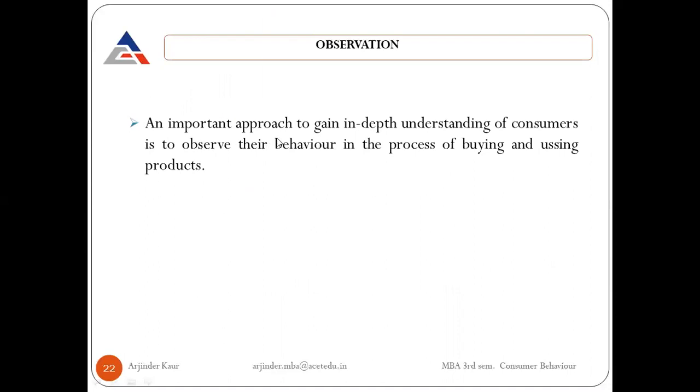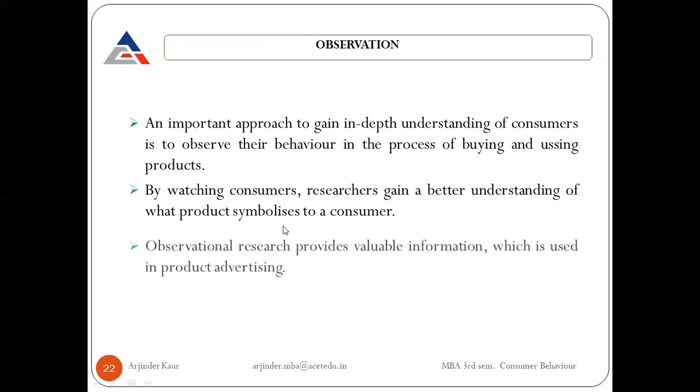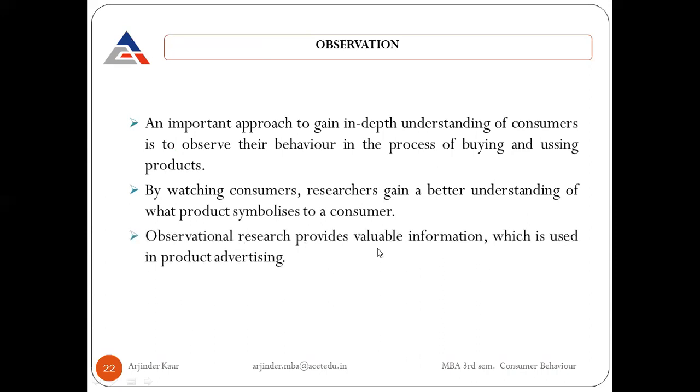An important approach to gain in-depth understanding of consumers is to observe their behavior in the process of buying and using products. By watching consumers, researchers gain a better understanding of what a product symbolizes to a consumer. Observational research provides valuable information which is used in product advertising.